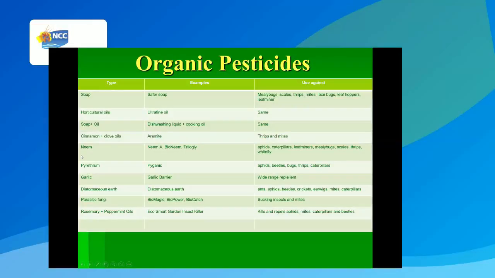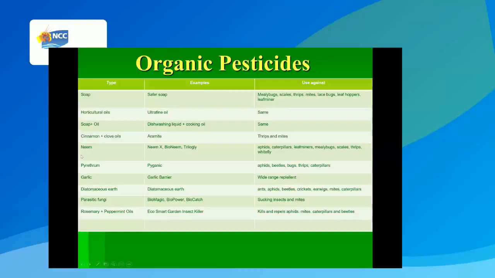An example of the soap that a lot of people will know is called Safer soap. Then there are the horticultural oils, such as ultrafine oil, and they control basically the same range of pests that the soaps will.